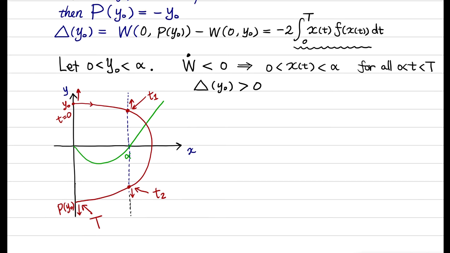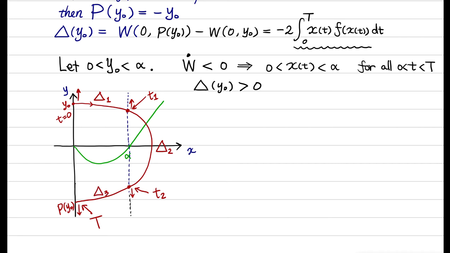And we will separately measure the difference of w value, so delta between these times: from t equals 0 to t1 to be delta 1, the difference of w between t1 to t2 to be delta 2, and the difference between t2 to capital T to be delta 3.